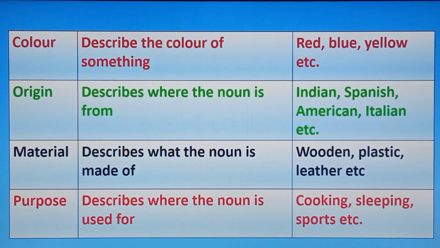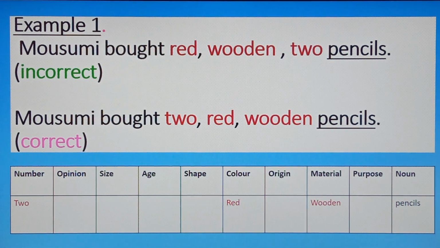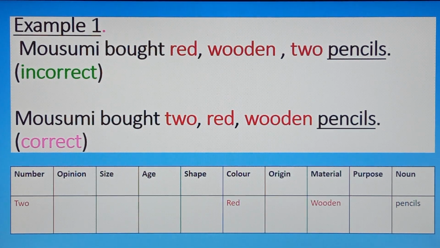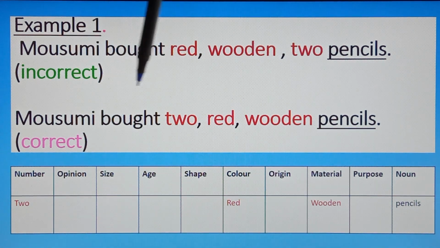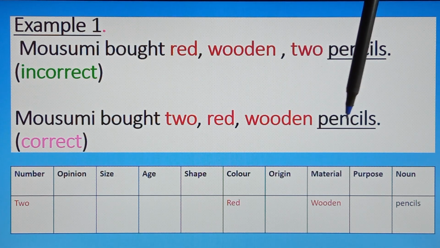Now see this example. Mosumi bought red wooden two pencils. This is an incorrect sentence. Next, see which will be correct. Mosumi bought two red wooden pencils. This is a correct sentence. Why?